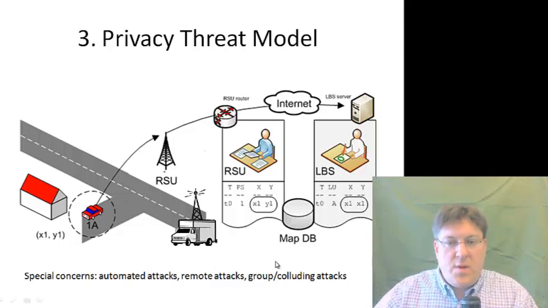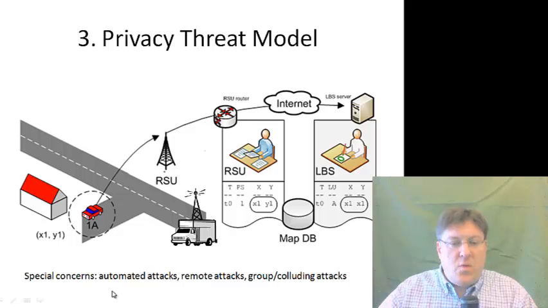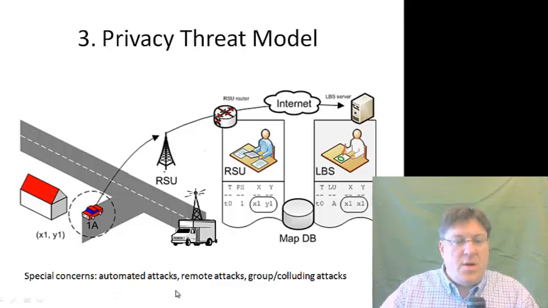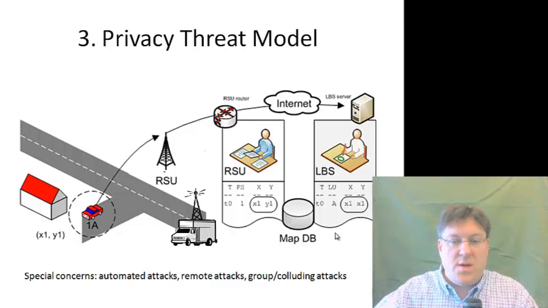Any of these three entities could breach the privacy of a vehicle, and we're especially concerned with automated attacks, where a computer could just keep on monitoring for somebody. Remote attacks, such as with an RSU administrator or LBS, especially when you can't identify who is doing the eavesdropping. And then last but not least, group and colluding attacks, where one or more of these entities may cooperate to eavesdrop.